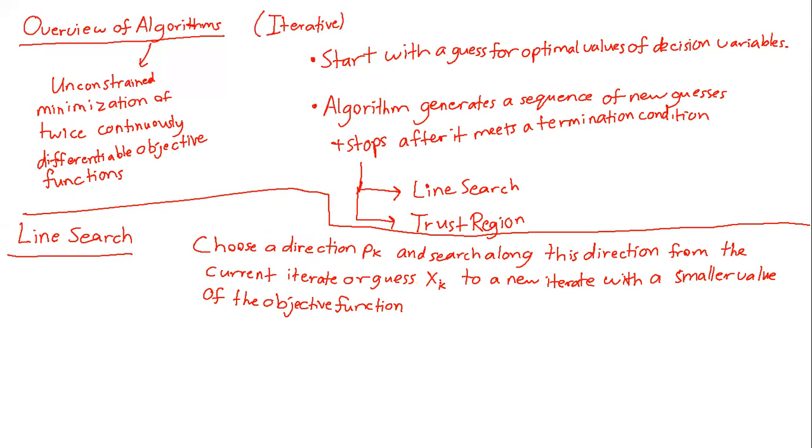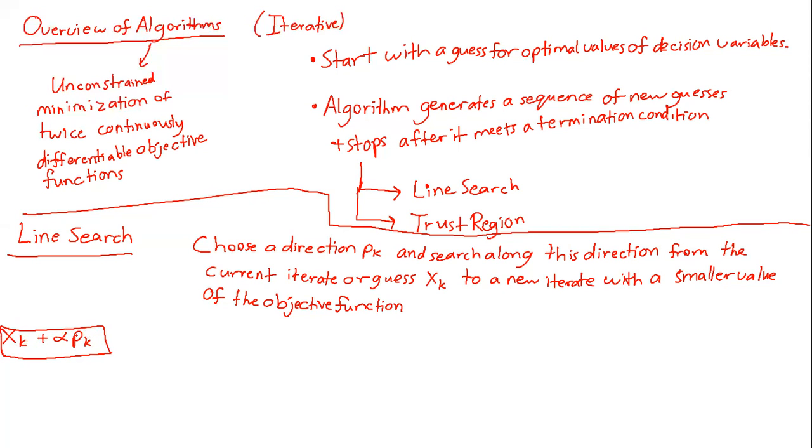So you start at some initial iterate, you choose some direction, and you make a new point, xk plus alpha pk. This is the meaning of the direction: you want to choose some vector to add to the current vector of decision variables so that you can update it to something else.